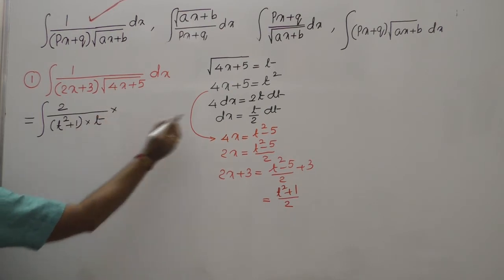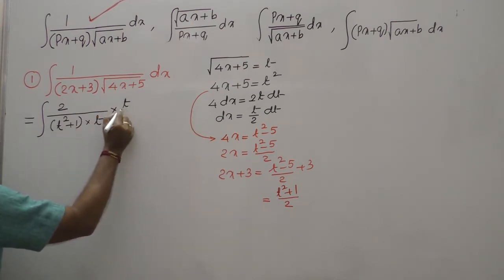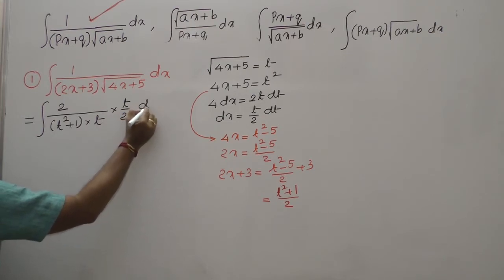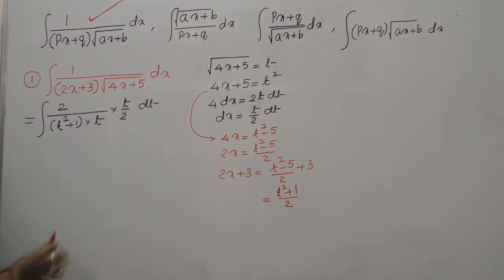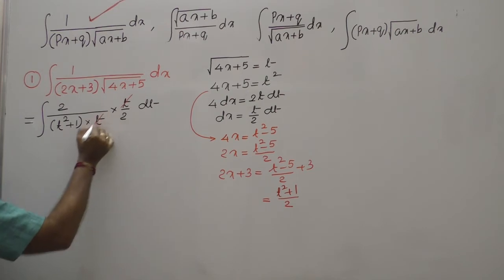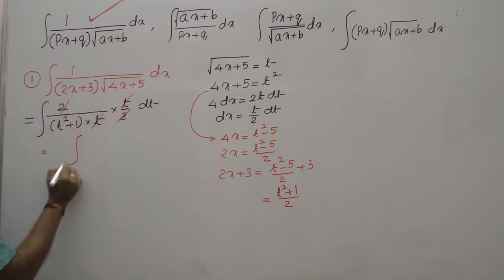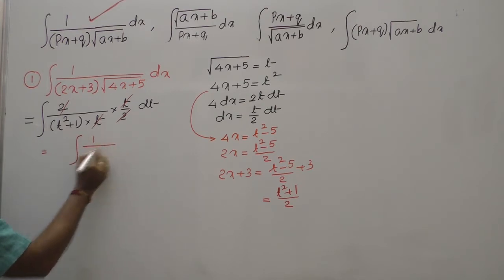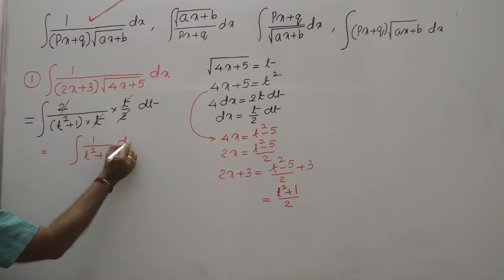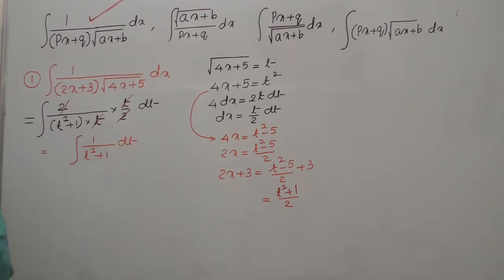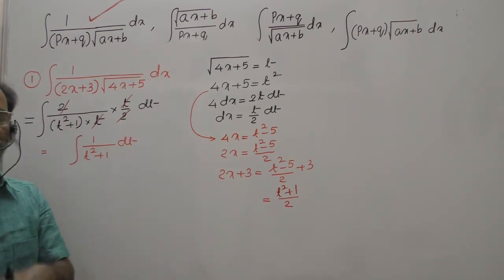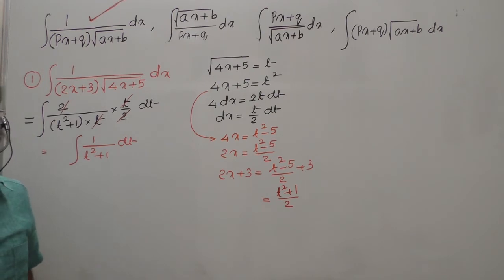Dx is t divided by 2 into dt. Therefore I can cut t and t, and 2 and 2. Finally, 1 divided by (t square plus 1) into dt. See how simple it is.